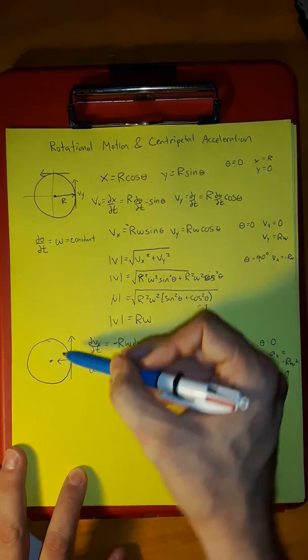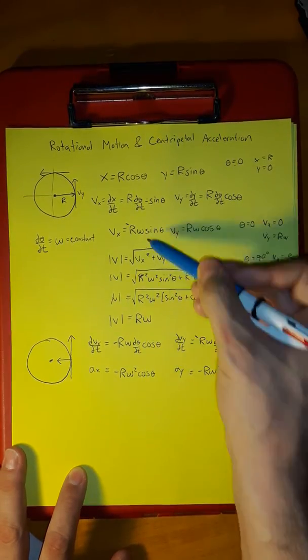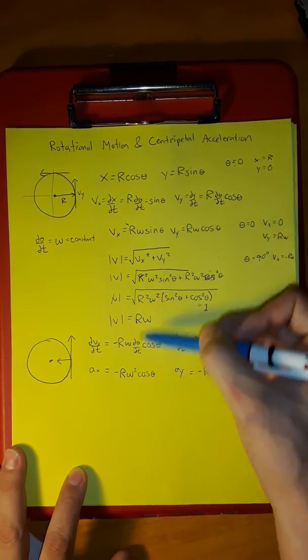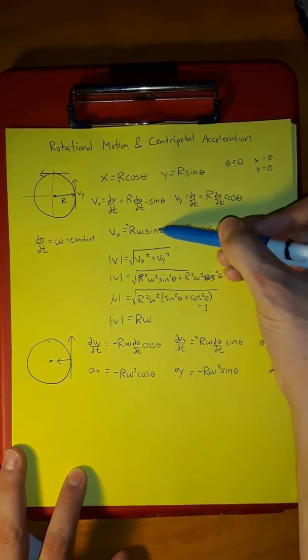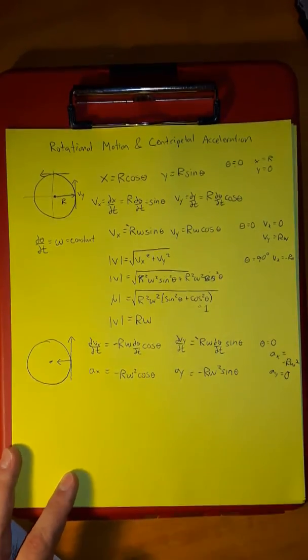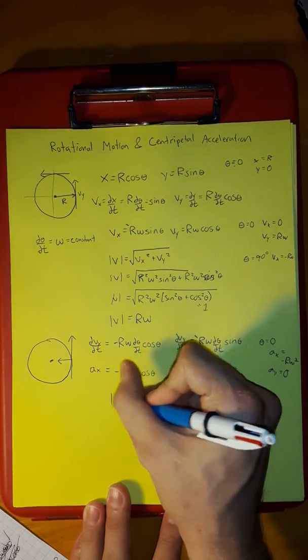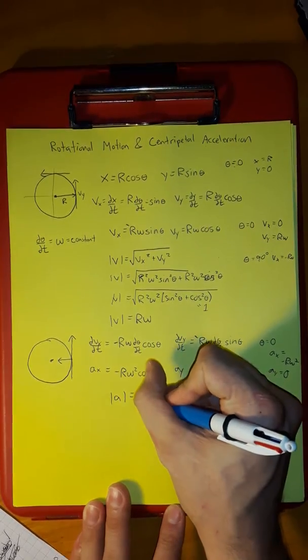So we've proven that, in fact, for all theta, because they're offset by 90 degrees, when the velocity is traveling in the x direction, the x component of the acceleration is always going to be at 90 degrees from that, from that trig identity of the sine and cosine being offset by 90 degrees. And we can also have a similar argument for the magnitude of a at any point.